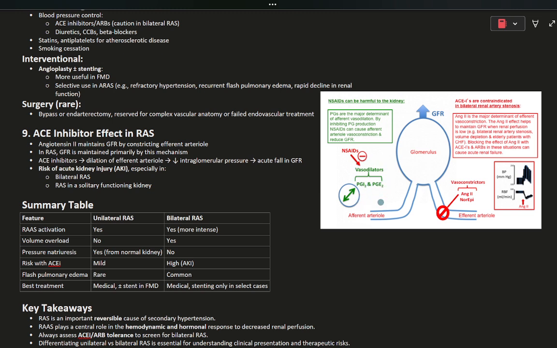So we're going to have constriction of the afferent arteriole, which is going to decrease the flow of the blood to the glomerulus, thereby decreasing GFR. And remember that NSAIDs block the production of prostaglandins through this mechanism.